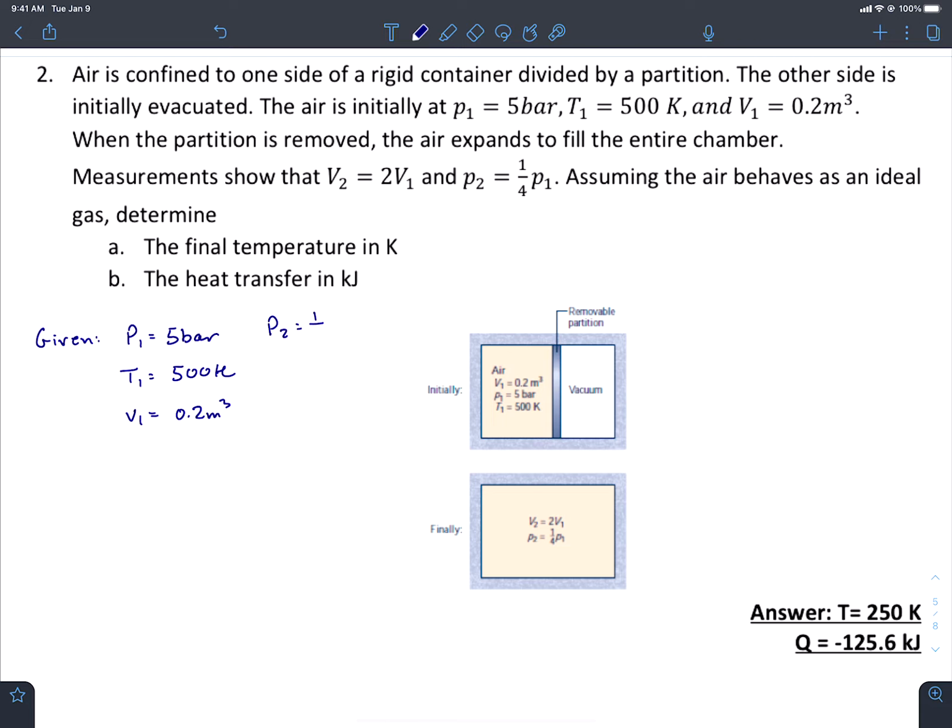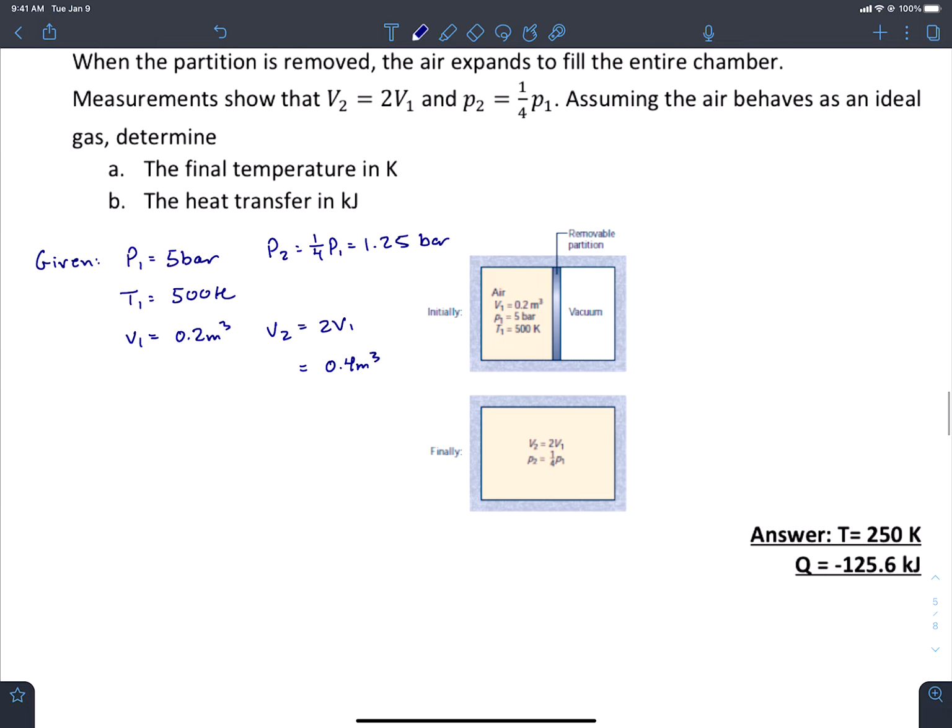P2 equals 1/4 P1, which is 1.25 bar. V2 equals 2 V1, which equals 0.4 meters cubed.